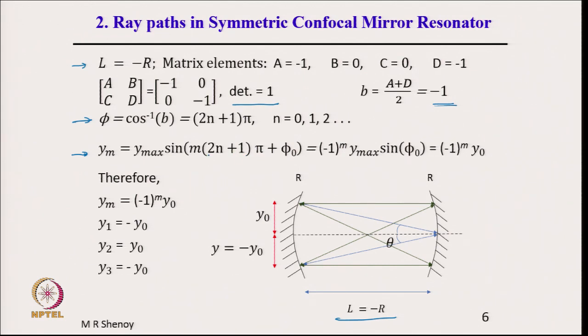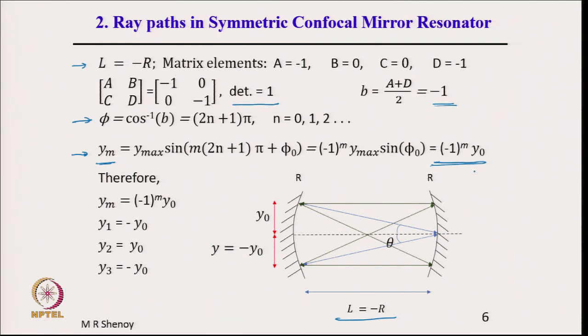Now, note that this is an odd multiple of pi, and therefore, this is equal to minus 1 to the power m, that is, whenever m becomes even, this will become 1, and when m is odd, we will have minus 1 as the sign outside. So, we have y max into sin phi 0, and that is equal to minus 1 to the power m y 0. So, y m is equal to minus 1 to the power m y 0.